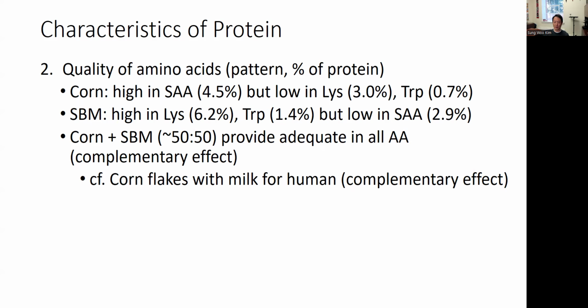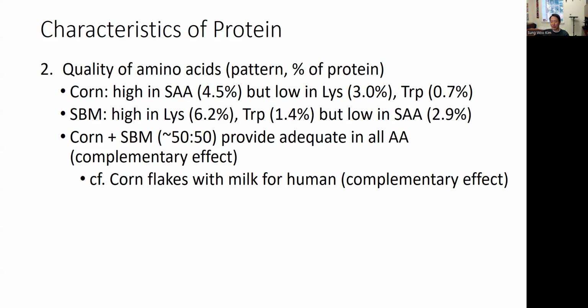If you combine corn and soybean meal, amino acid composition will be very ideal for animals. So if we use corn and soybean meal mixed together, it provides very good amino acid composition for the effective growth of the animal. The two of them give complementary effects because each of them is high or low, and they can complement each other.